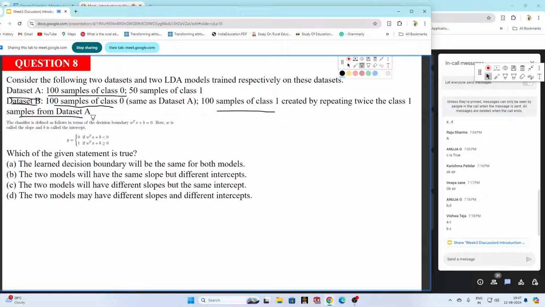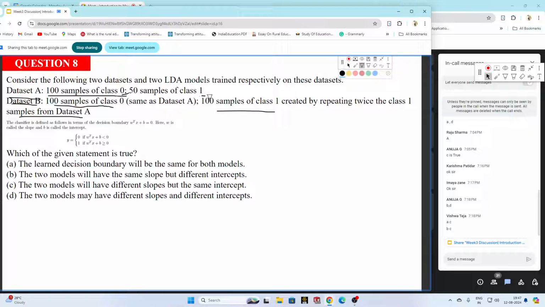This means that if we compare the mean of class 0 in dataset A with the mean of class 0 in dataset B, they are equal, because we have the same 100 samples of class 0.